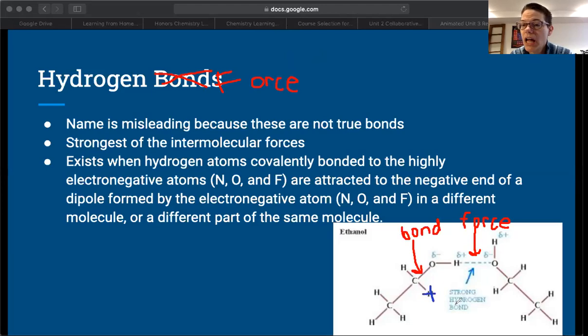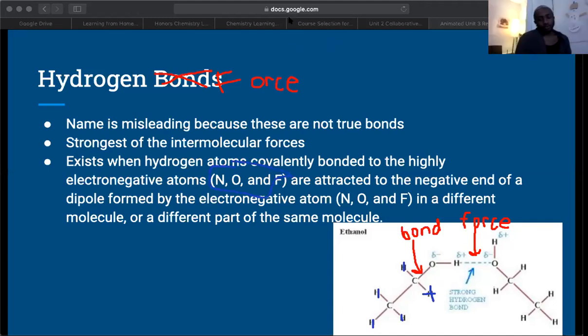Why not? Because it's not connected to an oxygen, nitrogen, or fluorine of the other molecule. Yes. So this hydrogen down here, or any of these other hydrogens, can't make hydrogen bonds because they're bonded to carbon. And you can only make a hydrogen bond if that hydrogen is bonded to the N, O, or the F.